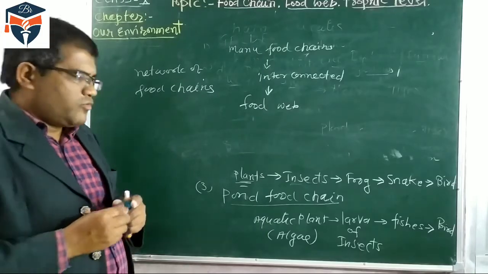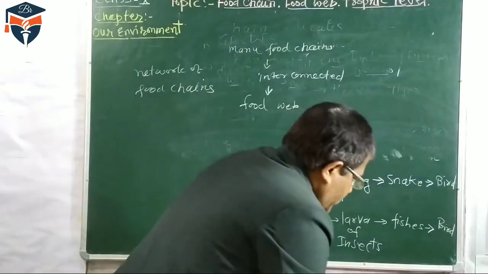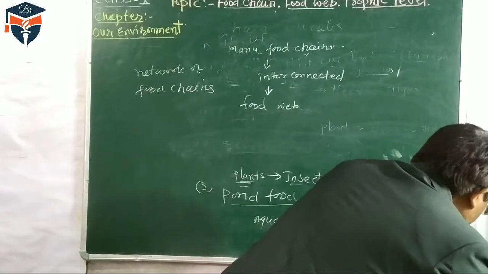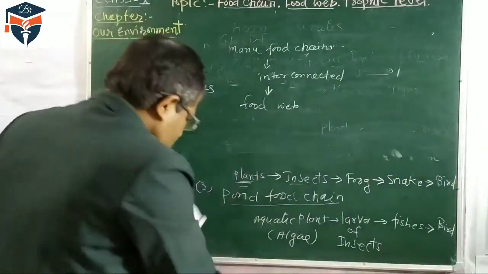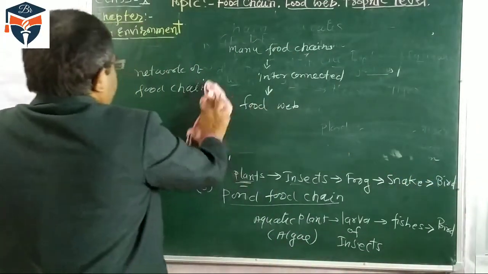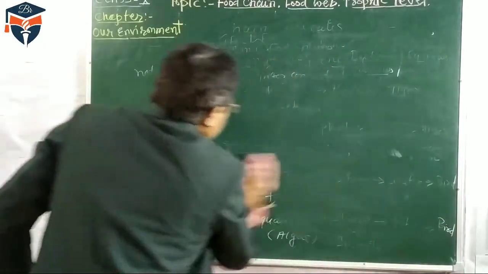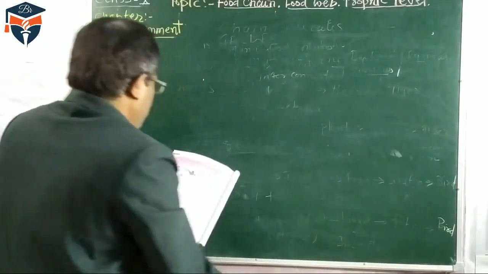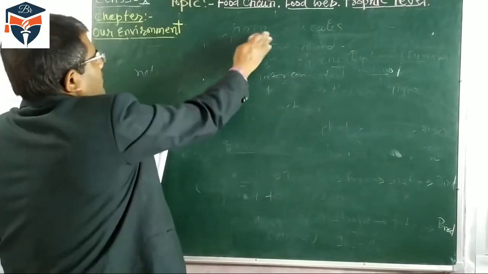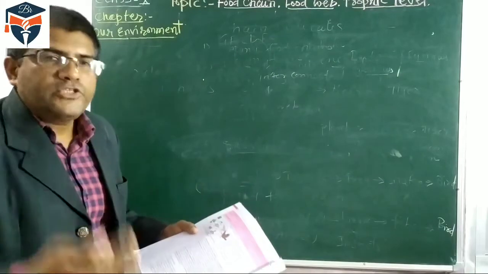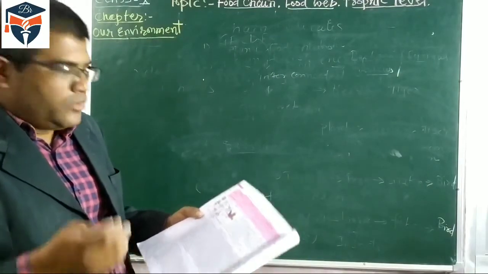So we have to understand the food web by taking a few examples. I have one diagram, and this you should understand, children. In this food web there are many chains, so I am taking only a few chains. Many food chains are connected to each other.